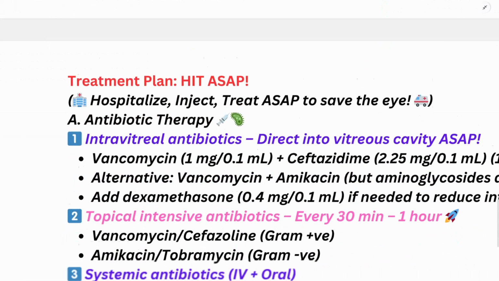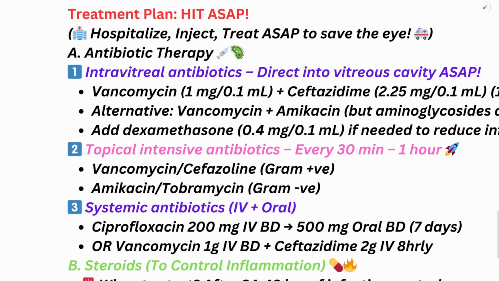So what is the treatment that you are going to suggest? Treatment always depends on the causative agent. So you will give antibiotics, which are topical, systemic, and sometimes steroids, etc. And you may also give intravitreal antibiotics, because here the vitreous cavity is getting infected and the pus collection is taking place in this vitreous cavity.